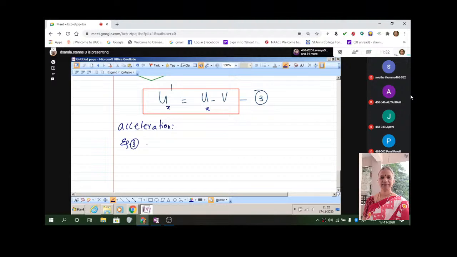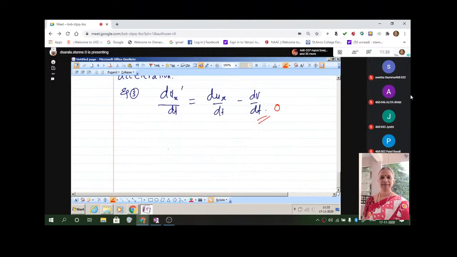What do you get? You get dux dashed by dt is equal to dux by dt minus dv by dt. Now what do you observe? You have here a component dv by dt. What is dv by dt? Time rate of change of velocity, where v is constant and hence it is 0.